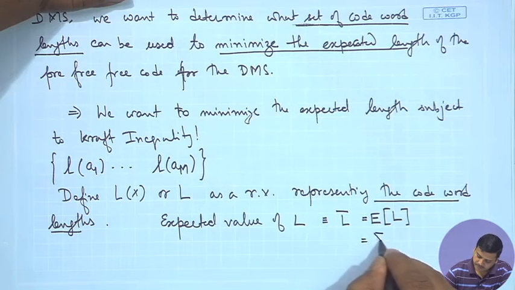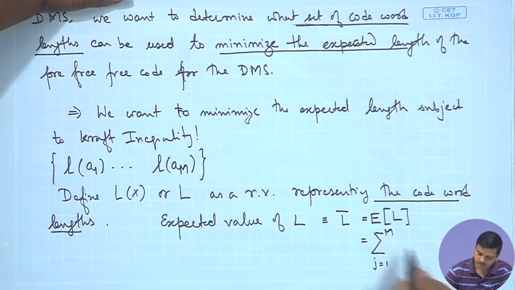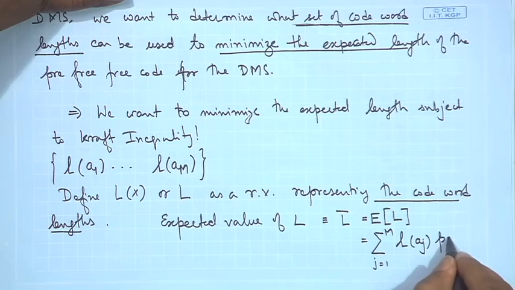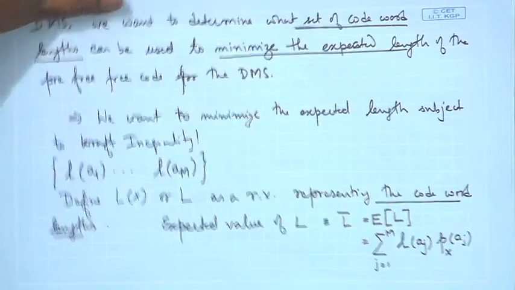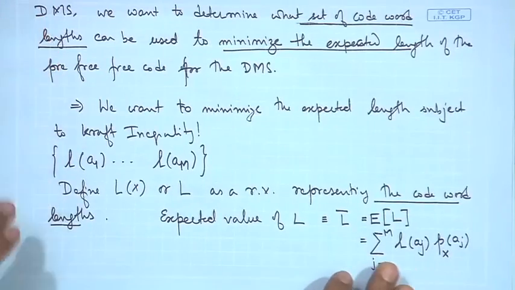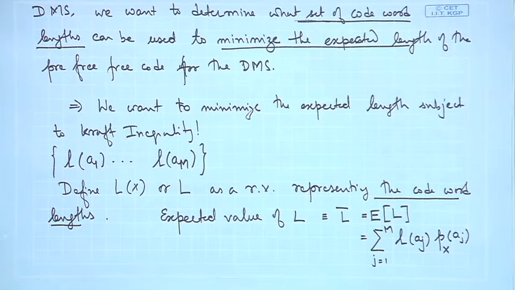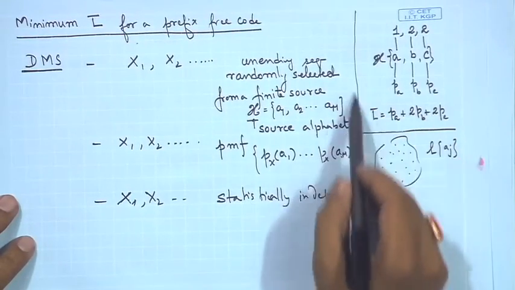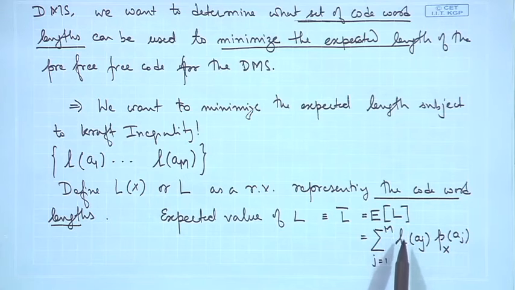This is simply the sum over j from 1 to m, because there are m symbols, of the length of the jth code word multiplied by the probability of the jth code word. We have already calculated this in our previous example. So, that is what we are writing more formally over here.